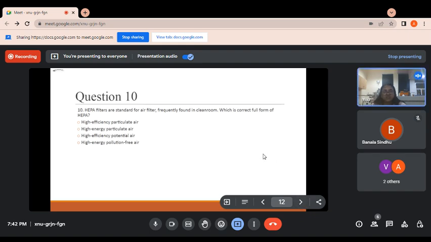So the next question: HEPA filter stands for air filter, frequently found in a clean room. Which is the correct full form of HEPA? High efficiency particulate air, high energy particulate air, high efficiency potential air, high energy pollution free air.